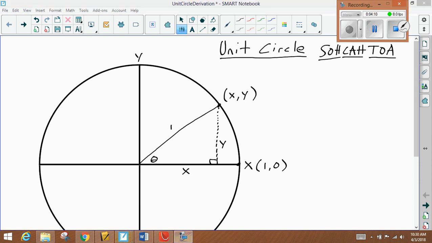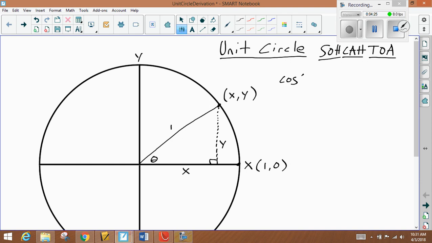Because of SOHCAHTOA, I can actually represent my x and y coordinates in terms of trig functions. So, let's look at what is cosine of theta in this case. My little triangle that I made here with sides 1, x and y. Cosine of theta is, what is it?